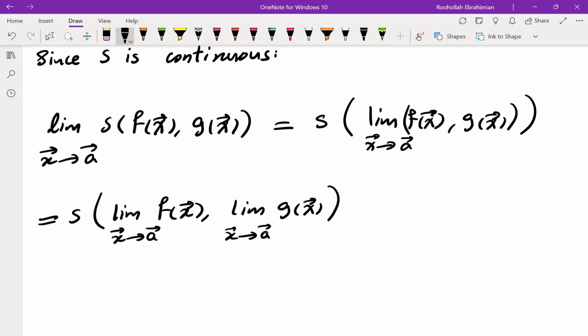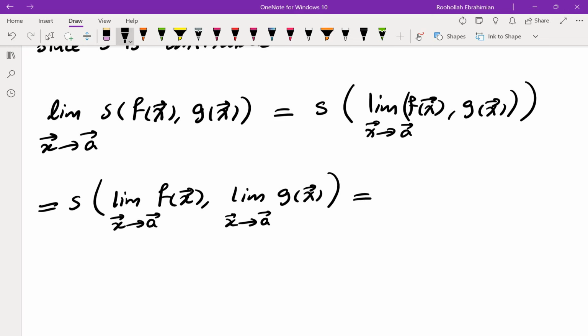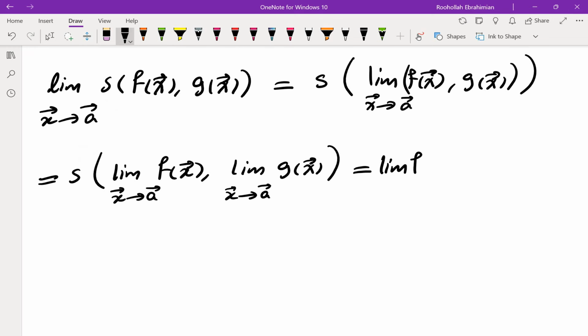And what is S of something? It's just the sum by definition. So this is the limit of f of x plus the limit of g of x as x approaches a.